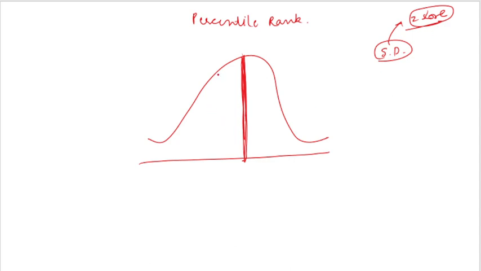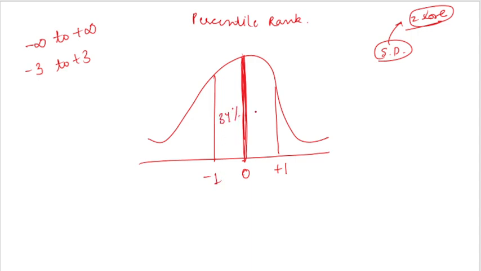Okay? So hypothetically, as we discussed, the Z score can range from -infinity to +infinity, but when we actually plot it, it only ranges from -3 to +3. How? In the first standard deviation, here is the positive side, here is the negative side, there would be 34% of people.